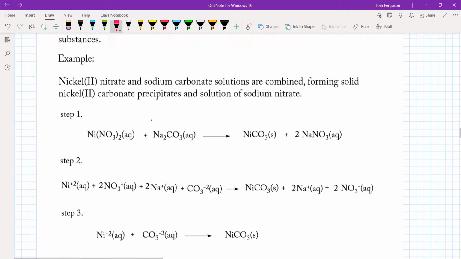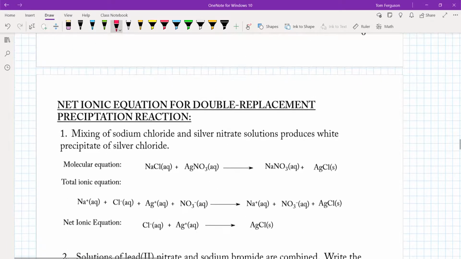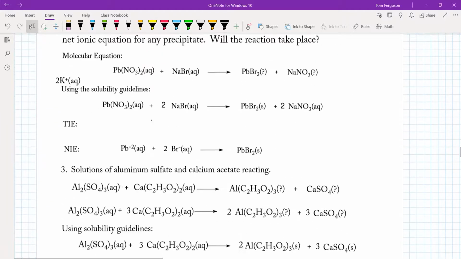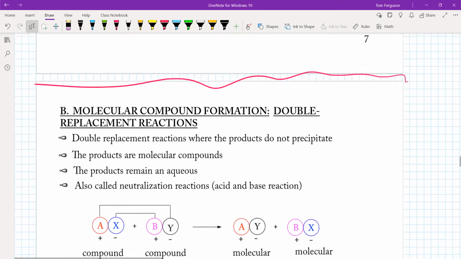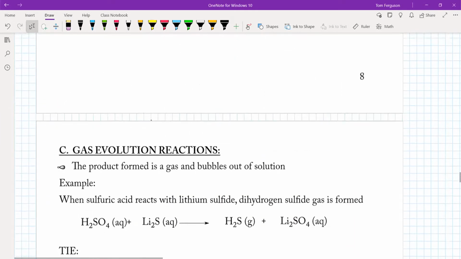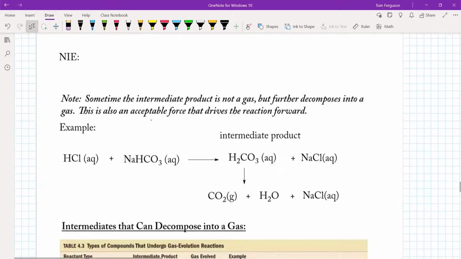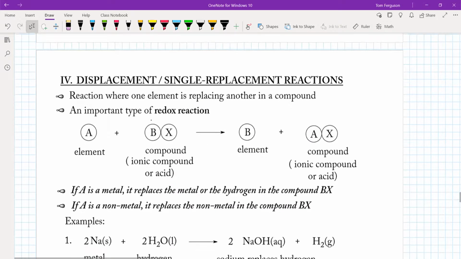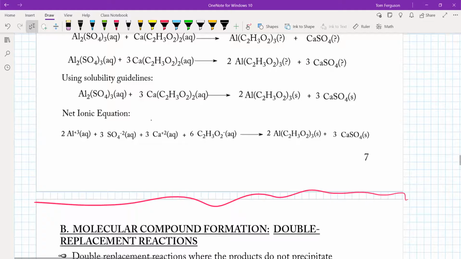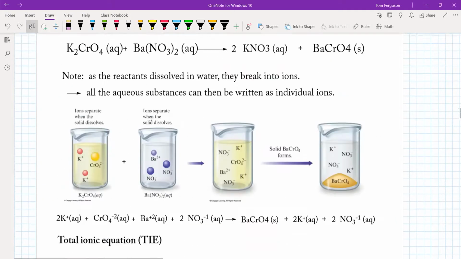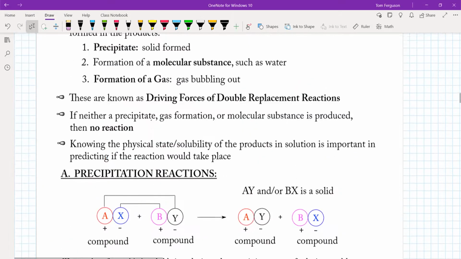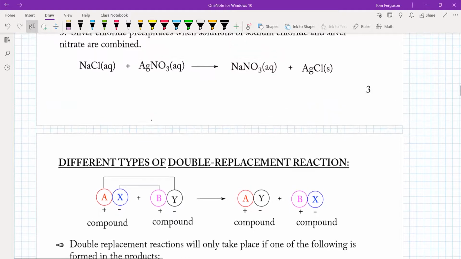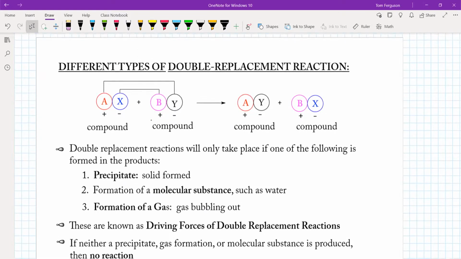And then we have a single replacement reaction. Okay, so we have double replacement, single replacement. Now the double replacement reaction requires the longest explanation, so we're going to tackle it first.